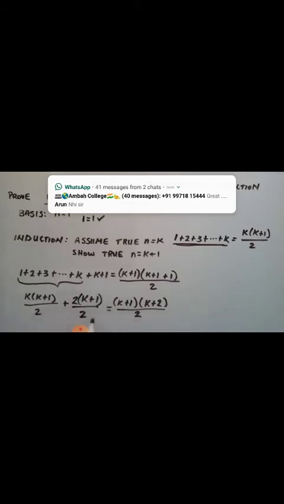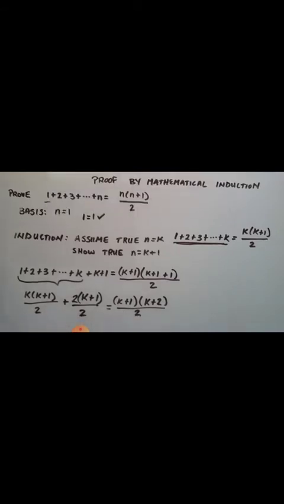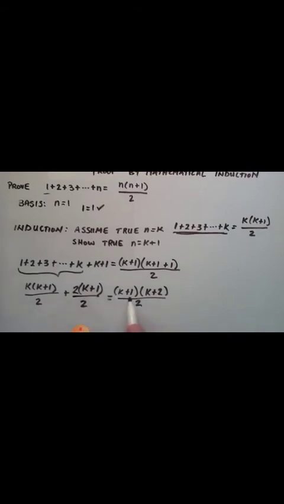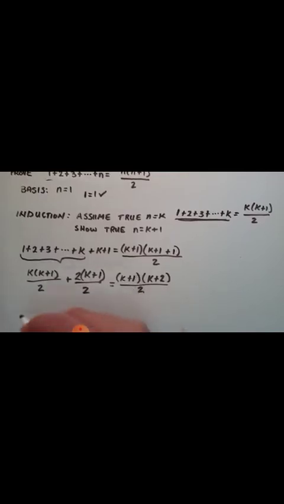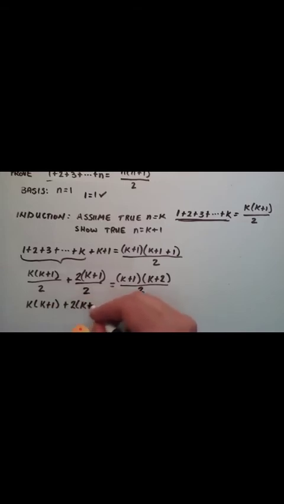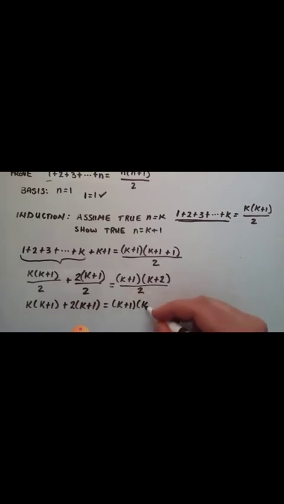After adding, taking 2 as the LCM, the terms will be k(k plus 1) plus 2(k plus 1). Everyone has 2 as a denominator, so we can cancel the denominator, and it becomes k(k plus 1) plus 2(k plus 1). On the right hand side, (k plus 1)(k plus 2).